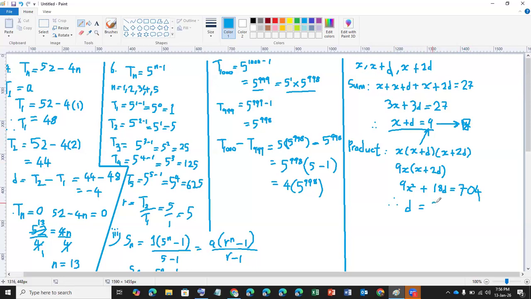So anywhere we see g, we can just put 9 minus x, and that would make this equation look like this: 9x squared plus 18. Now the whole equation will be in terms of x, 18 into 9 minus x.